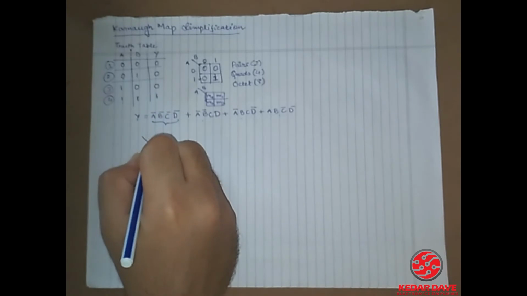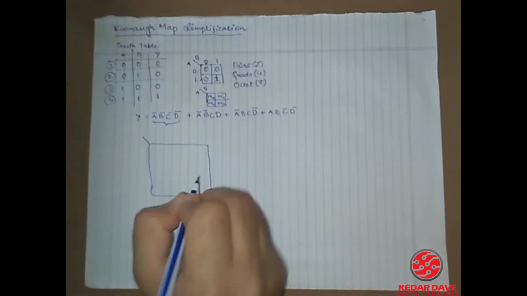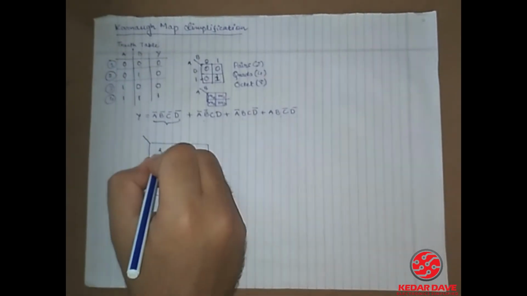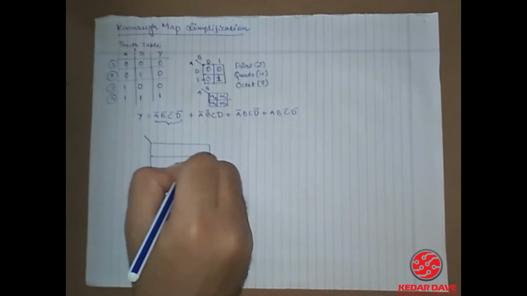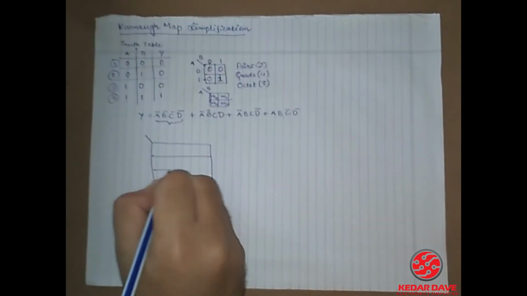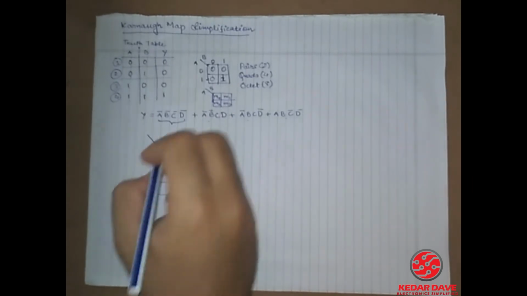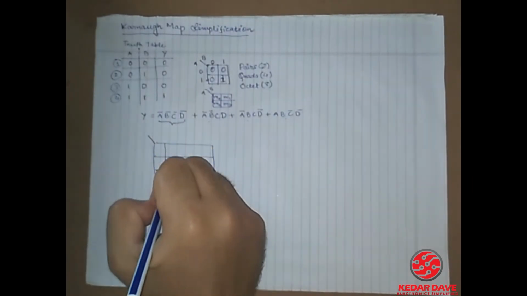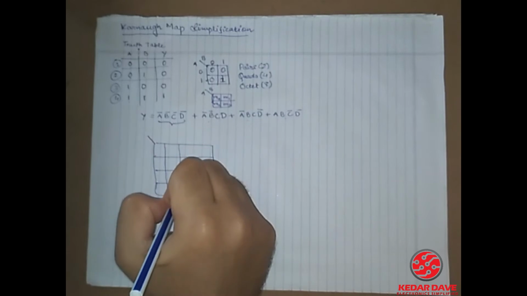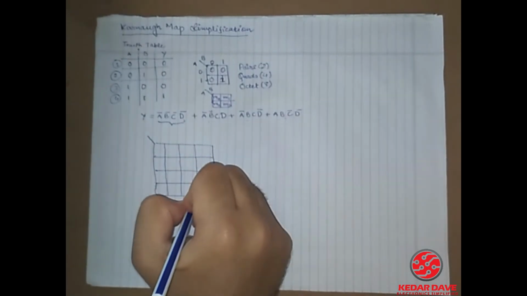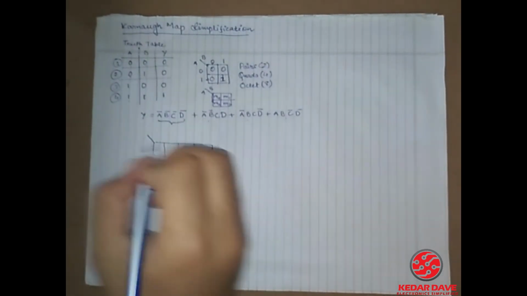So what we will do now, we need to construct a Karnaugh map for 4 variables. We have seen how a 4 variable Karnaugh map can be constructed. So first we are writing like this. If you remember the previous lecture, I told you to write the min terms in a particular way.